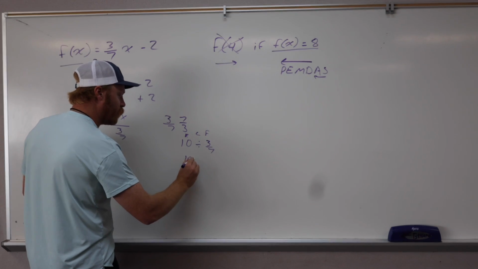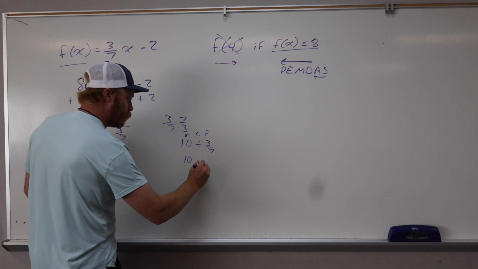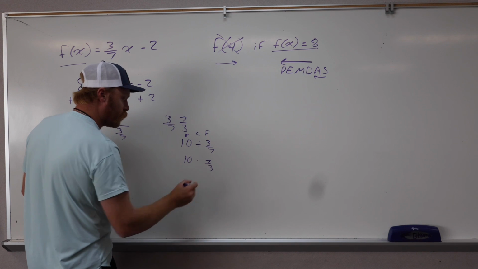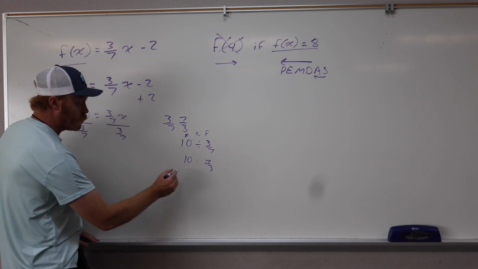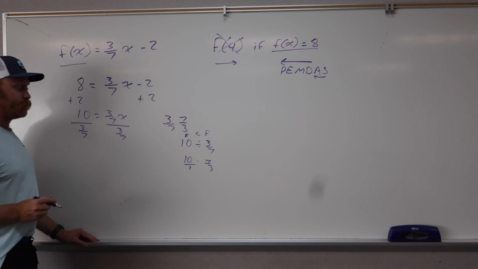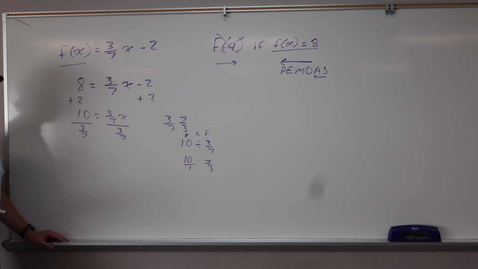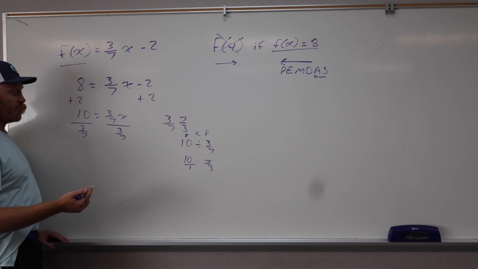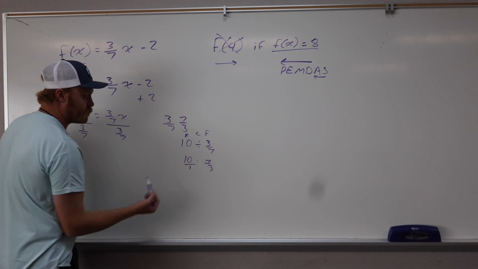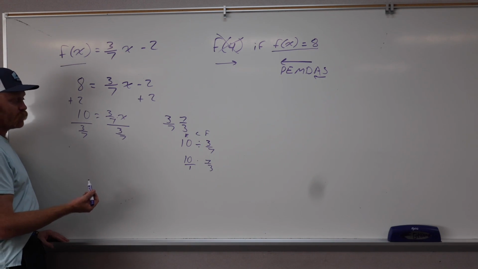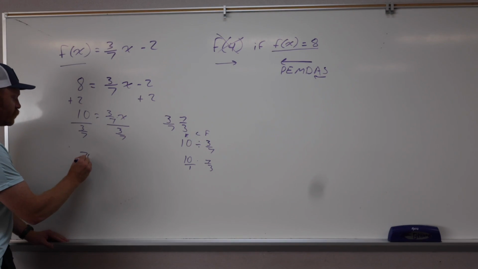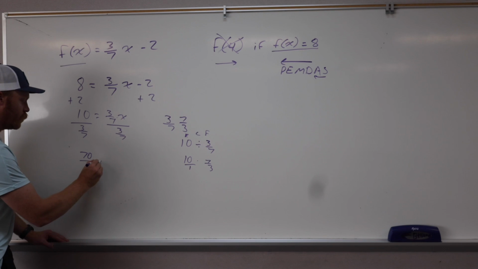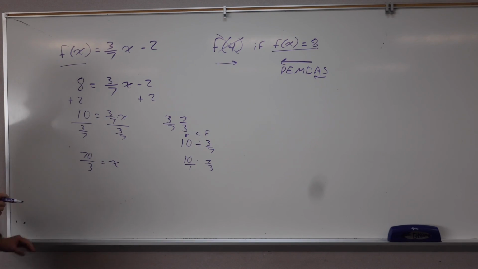So we're going to have 10 times 7 over 3. And this is why multiplying by that reciprocal works. 10 over 1, and then we simply multiply straight across. 10 times 7 is 70, and 1 times 3 is 3, so we get 70 over 3 equals our x.